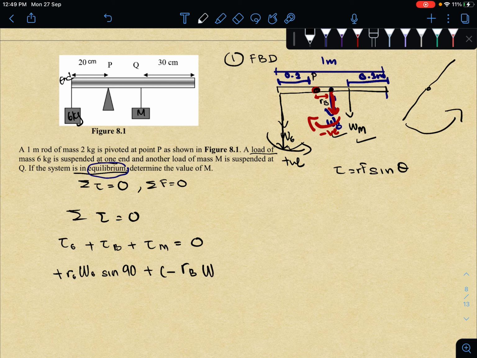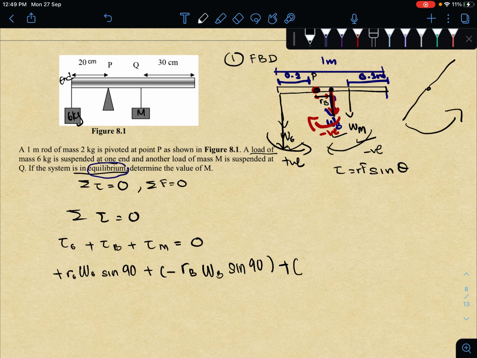And then force yang kita apply dekat sini adalah weight of the beam itself. Angle antara R dan W dekat sini adalah 90, so sin 90. And then campur dengan torque due to the force WM. So awak pivot dekat sini, awak tarik dia ke bawah, dia akan rotate in clockwise direction, so dia negative.